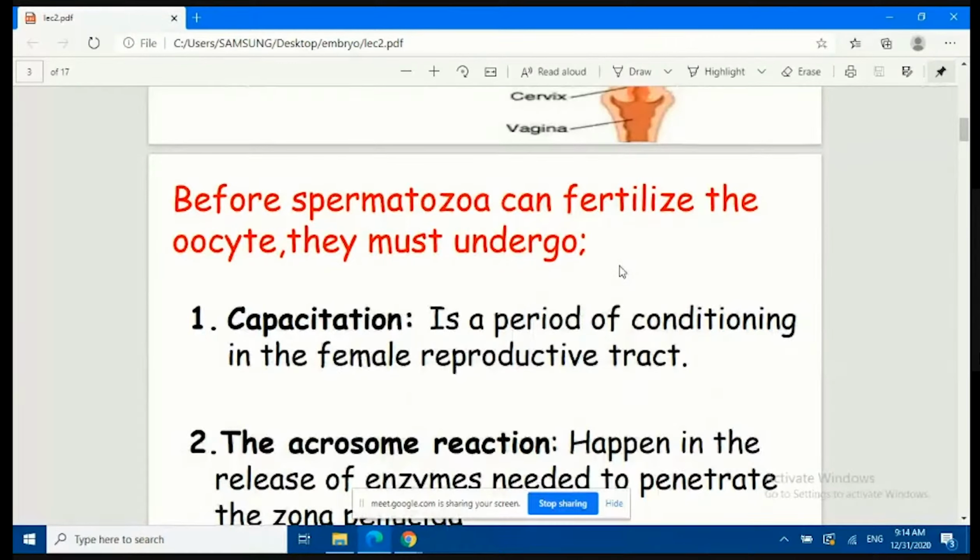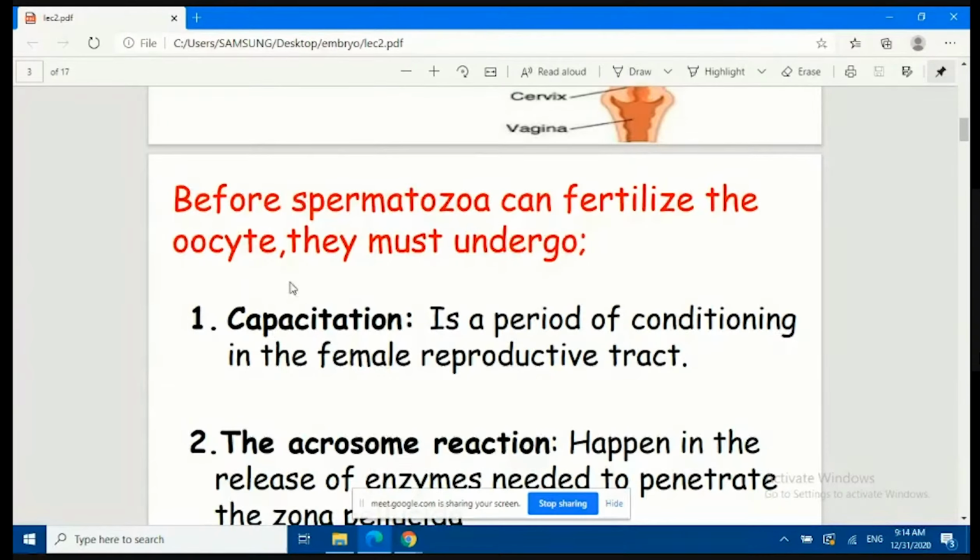Before any fertilization process, the spermatozoa need some steps. The mature sperm, or spermatozoa, can fertilize the oocyte in 2 steps.